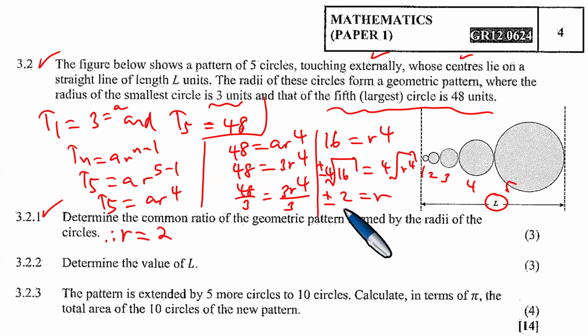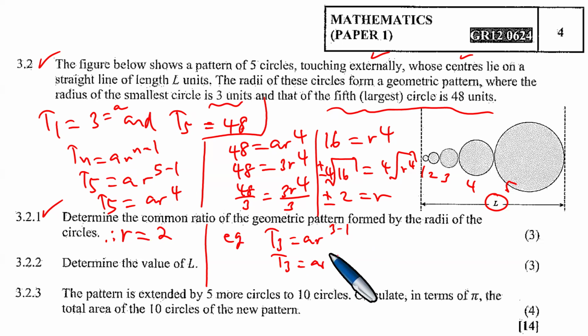Why would that be more sensible? Why would it not be sensible to say R is, for instance, -2? It cannot be -2 because, for example, let's look at T3. If the general formula is Tn equals AR to the n minus 1, T3 would be AR to the 3 minus 1, which means that T3 is AR squared.